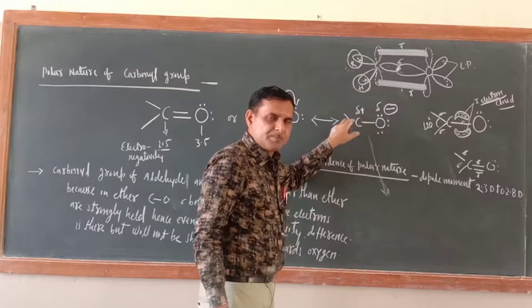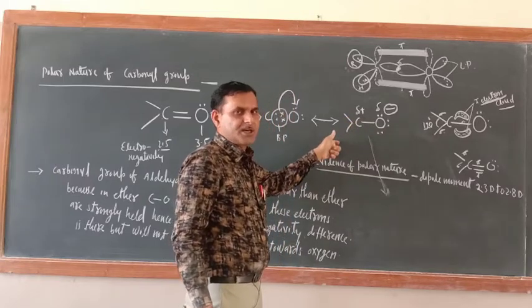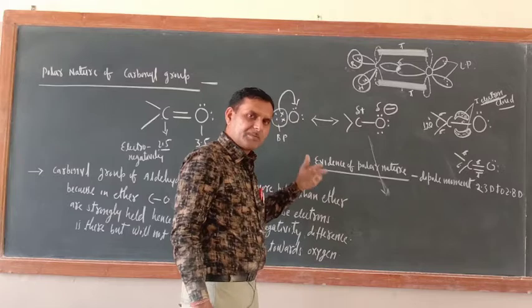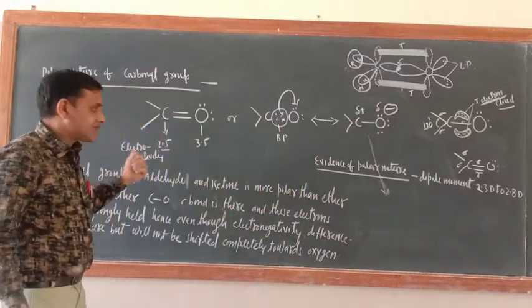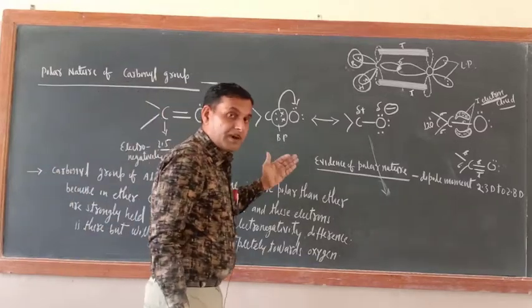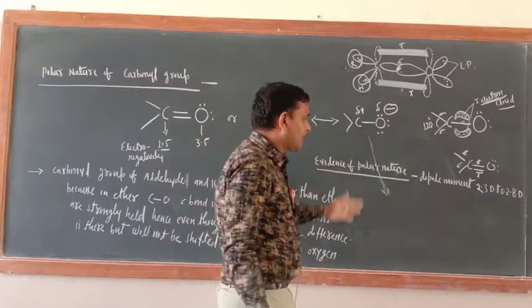So the oxygen will be slightly negative and carbon will be slightly positive. Correct or not? An electron deficient center is generated due to difference in the electronegativity of 2 atoms, and now polarity also arises. Now evidence in favor of the polar nature of the carbonyl group is there.